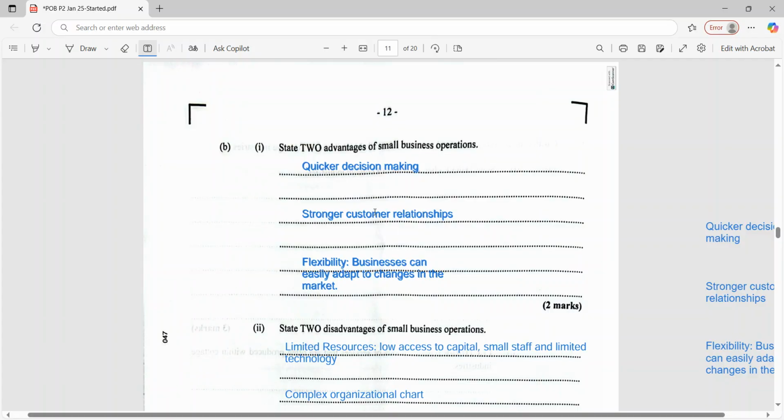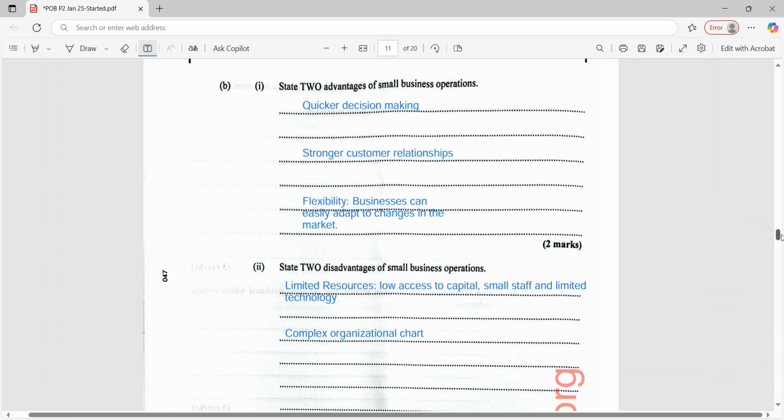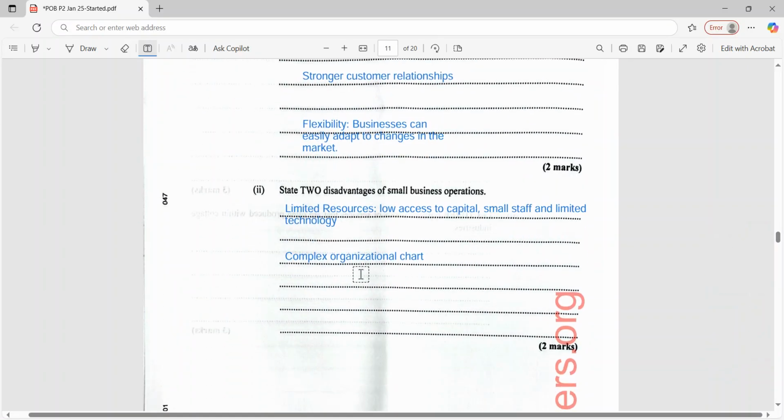On the other hand, we should state 2 disadvantages of small business operations. So limited resources. We will get low access to capital, small staff, and limited technology. So all of these can be individual disadvantages.